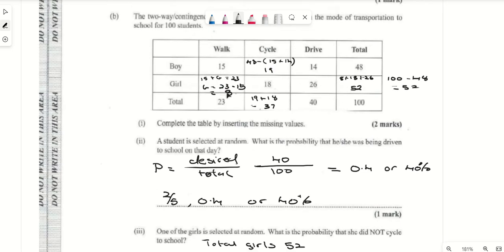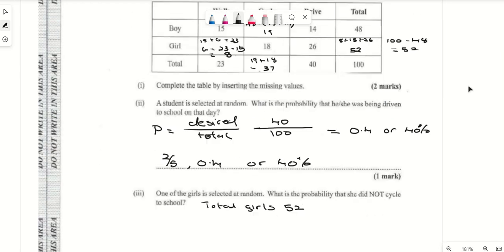So for girls, it would be 8 plus 26. Not cycled would be 8 plus 26, which is equal to 34. Remember, we're talking about girls, we're not looking at the boys section.